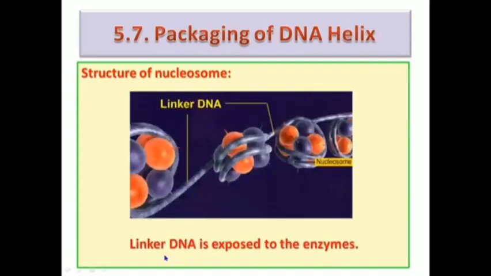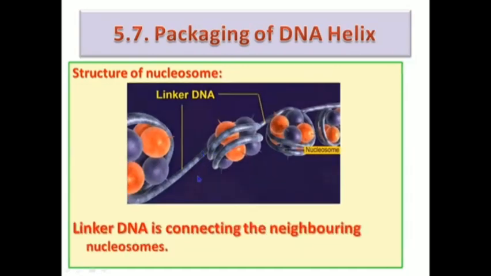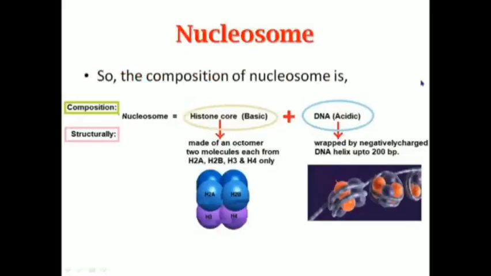You can see here the linker DNA is exposed to the enzyme. One nucleosome is combined with another nucleosome by a linker DNA. Neighboring nucleosomes are connected with the help of this linker DNA that is exposed to enzymes. These nucleosomes are connected by the DNA linker.